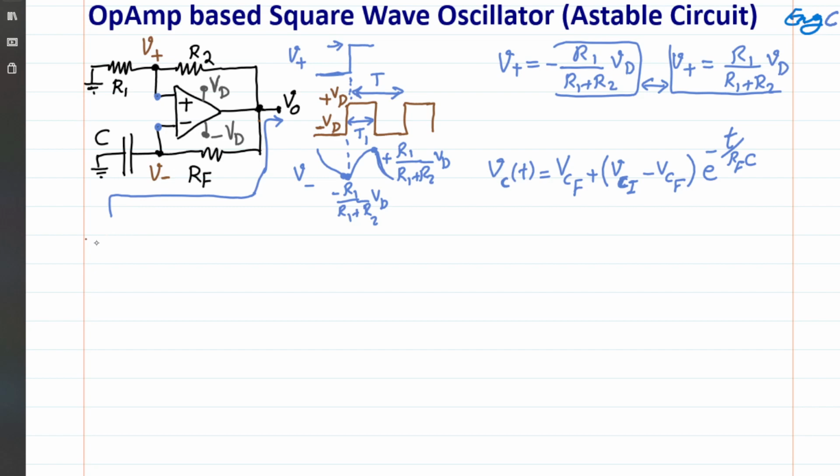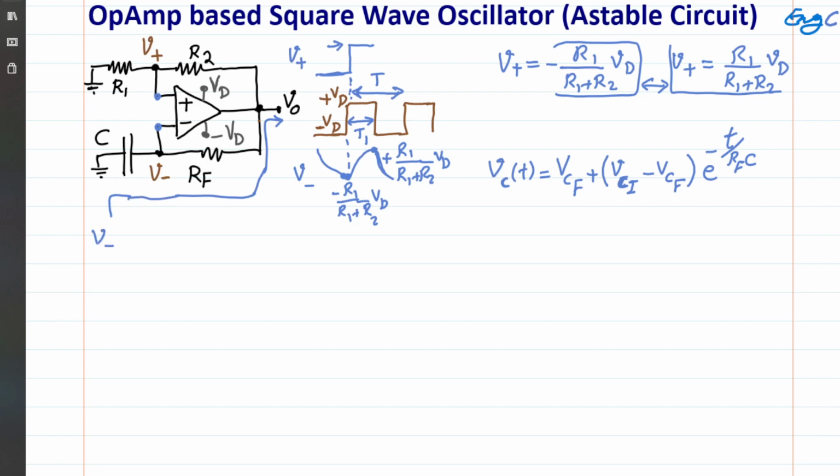So you can say simply the negative terminal at time t, or VC, is equal to... I mean, you can do it in many ways. If you want to use, for example, the Laplace transform, it would be as easy as this.